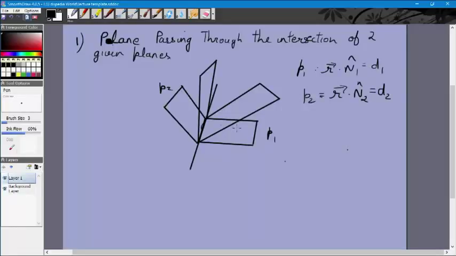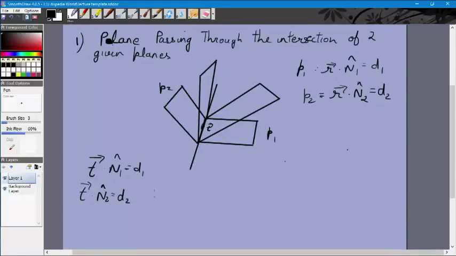Now let's take a random point which has a position vector t, say, and that point lies on this line, which is the intersection of these 2 planes, which means that point satisfies the first equation as well as the second equation. So that point t satisfies t dot n1 is equal to d1, and it also satisfies t dot n2 is equal to d2.